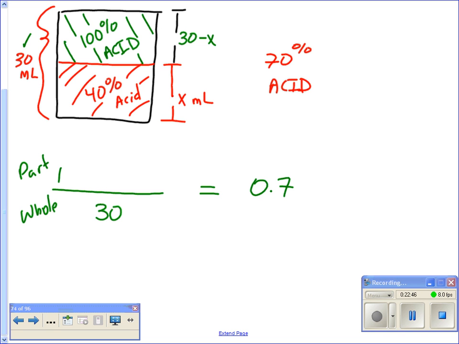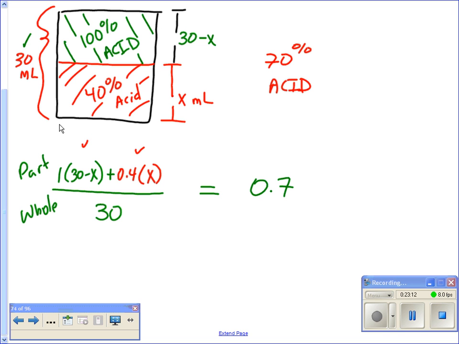If you change 100% to a decimal, you get 1. All right? So it's 1 times the 30 minus X. All of that is acid. Okay? Plus, in the red area, only 40% of that is acid. So 40% of what's in the X area is acid. So you've got 100% acid here and 40% acid here divided by the total, which should give us 70%. So that's how we set up that equation.